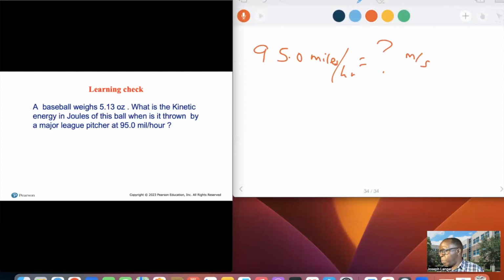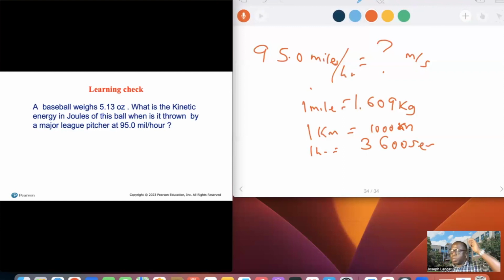Given this, or you may have to find out, 1 mile equals 1.609 km. And of course, 1 kilometer equals 1,000 meters. And 1 hour equals 3,600 seconds. So here are the conversion factors. We need to change this to meters per second.